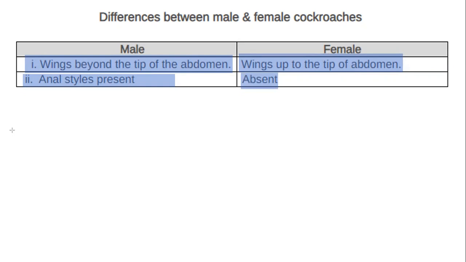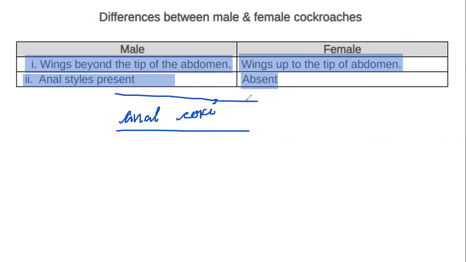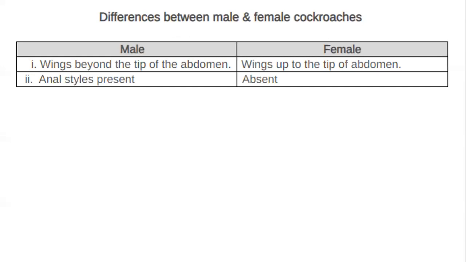So the basis of identification of male and female cockroach is the presence and absence of anal styles. Anal styles are present only in males and absent in females, whereas anal cerci are seen in both male and female cockroach. Is that clear?